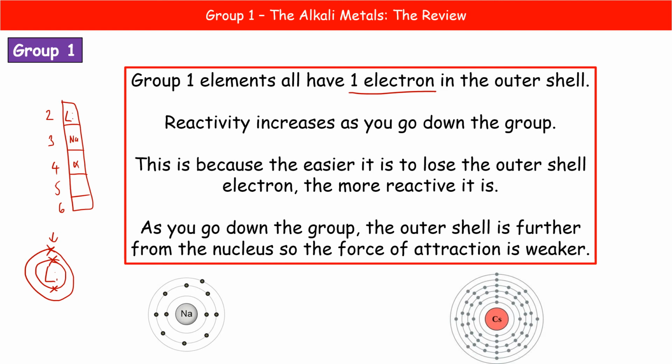That means it's going to be lost easier because that force of attraction between the nucleus and the outer shell electron is weaker. So if you're asked to explain why the reactivity increases as you go down the group, it's because there are more shells, therefore the force of attraction is weaker between the outer shell electron and the nucleus, so the outer shell electron is lost more easily. Therefore, it's more reactive.